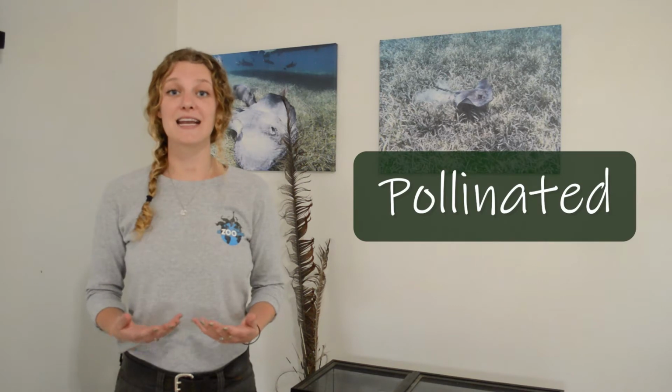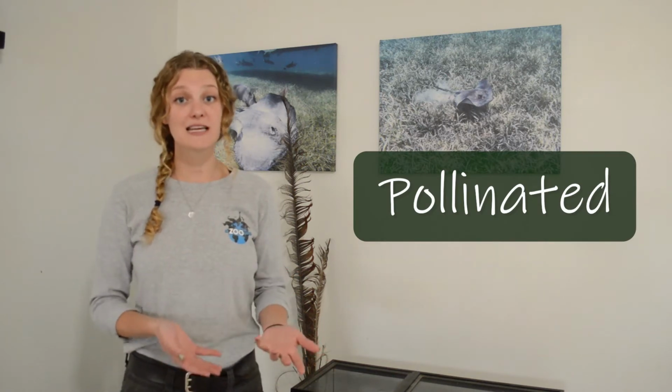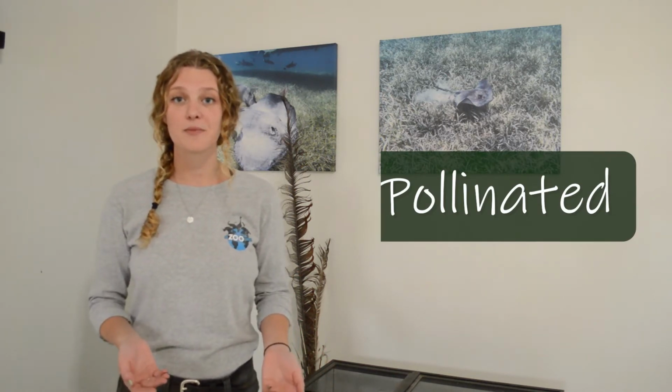One of the most important things that an animal can do during its life is to reproduce and have healthy babies so the population of that animal can stay large and healthy. Well, it's the same way for plants, though plants reproduce in a slightly different way. Most plants need to be pollinated in order to produce healthy seeds that can grow into new plants.